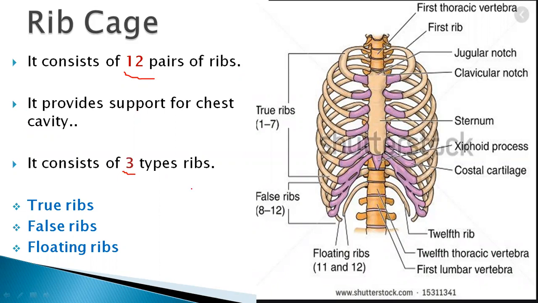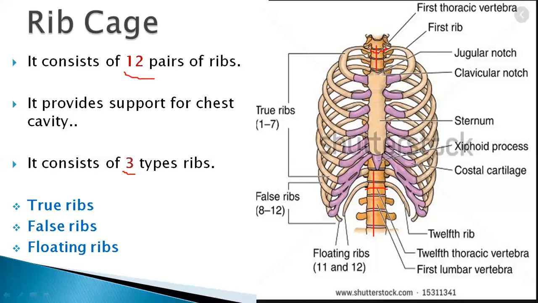The ribs articulate posteriorly with the thoracic vertebrae. From here, these are the vertebrae, and behind this, up to here, the vertebrae are passing, and this whole region up to here is called the thoracic vertebrae.